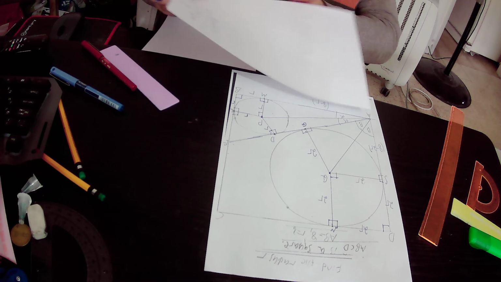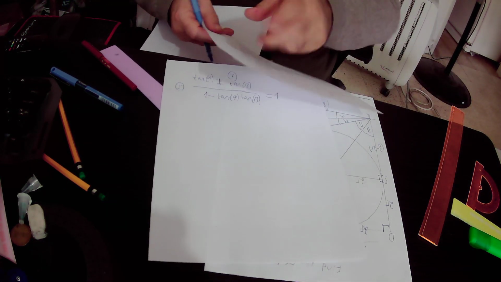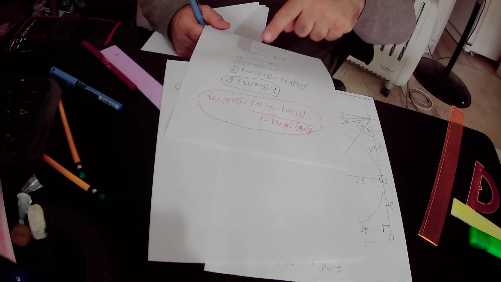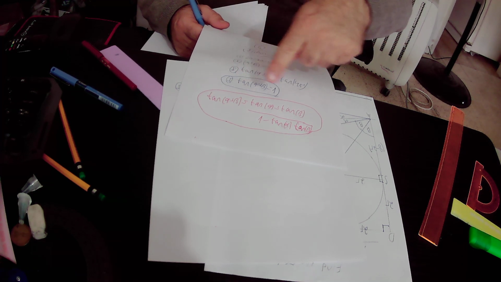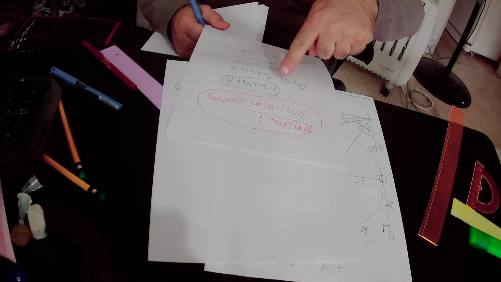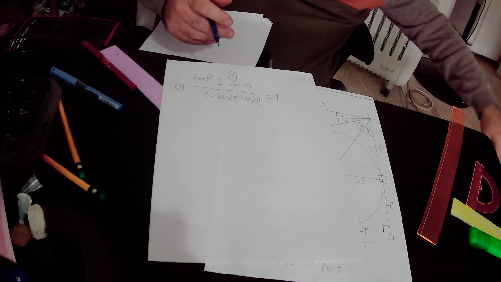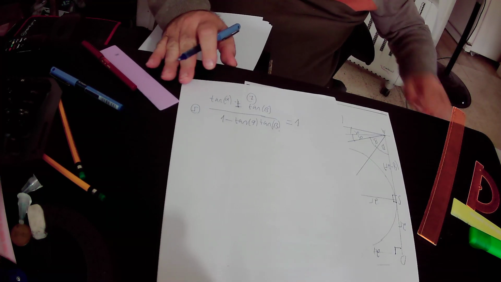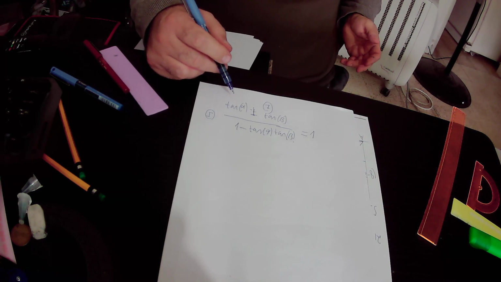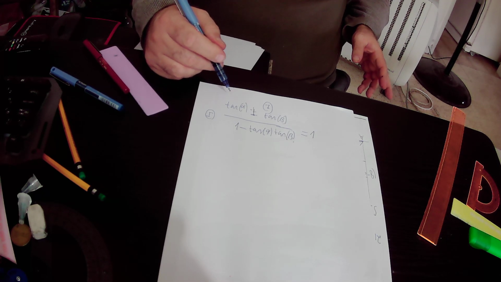Again, we have equation number 1 that states that tangent of alpha plus beta equals 1. But we have this trigonometric identity, so we can substitute the tangent of alpha plus beta in equation number 1 by this expression, which equals tangent of alpha plus beta according to the trigonometric identity that I presented to you.